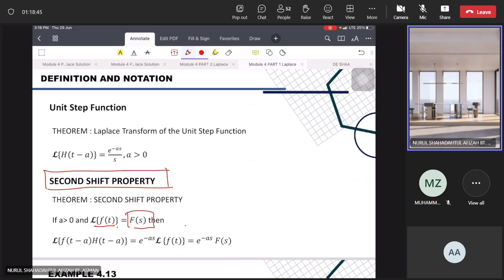I think for more understanding, we can try to do an example. For the second shift property, we usually have the other function or the unit step. So you can see the difference from the other, because now we have h here. So this is the second theorem, the second shift property.